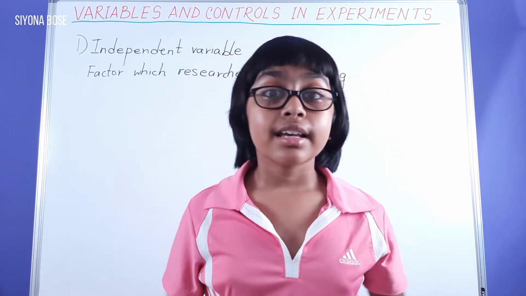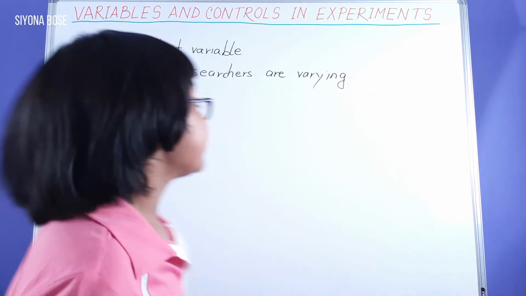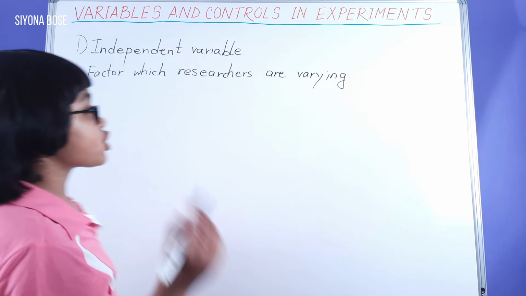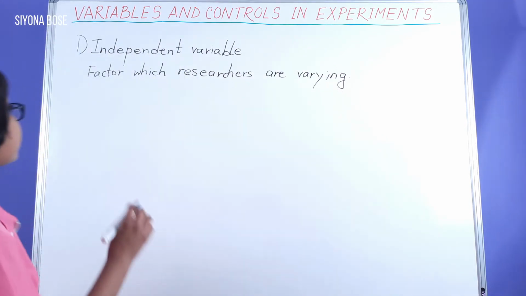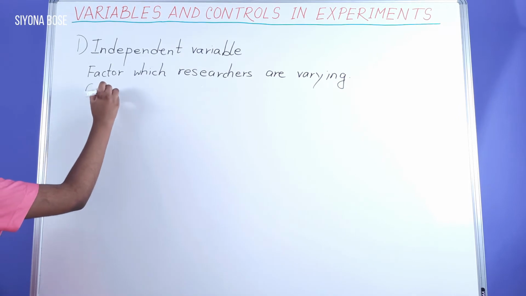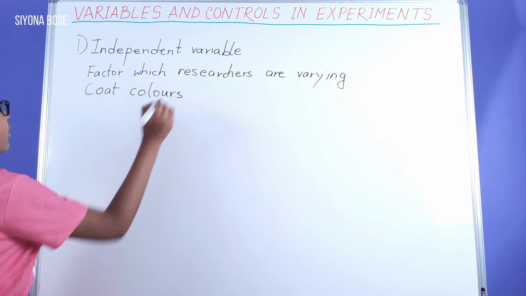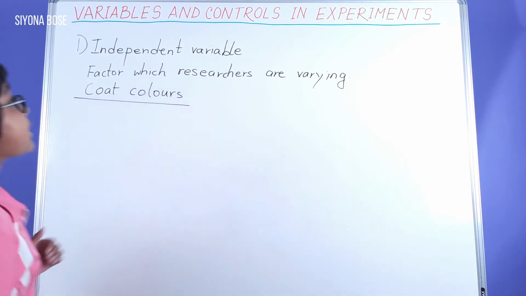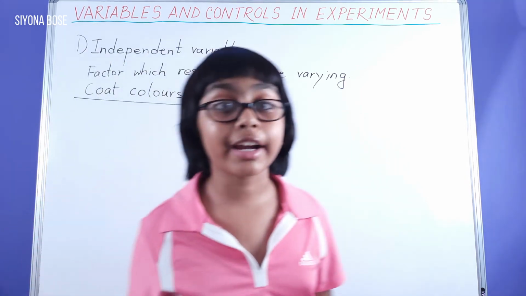In the mouse experiment, which we were discussing previously, the factor which researchers are varying is the coat color. In this experiment, the independent variable is the coat color, or the coat coloration.